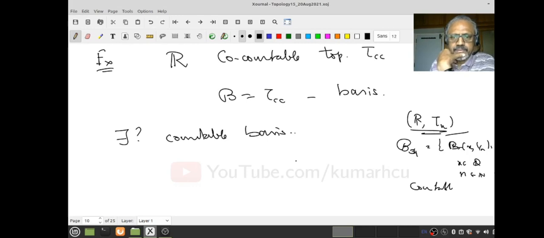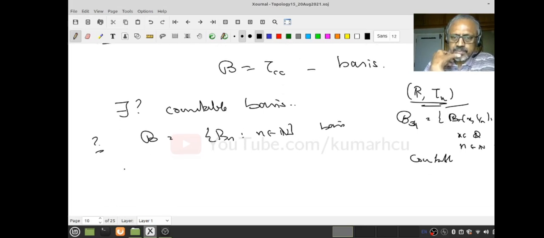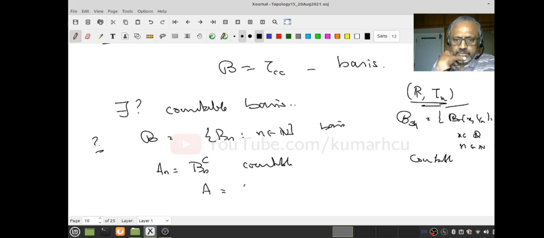Suppose B is a countable basis, call it Bn. I do not know whether it exists, but let's assume this is a basis. Then what do I know about Bn complement? Let me call it An. This is countable, right? Therefore, let's look at A equal to union An.